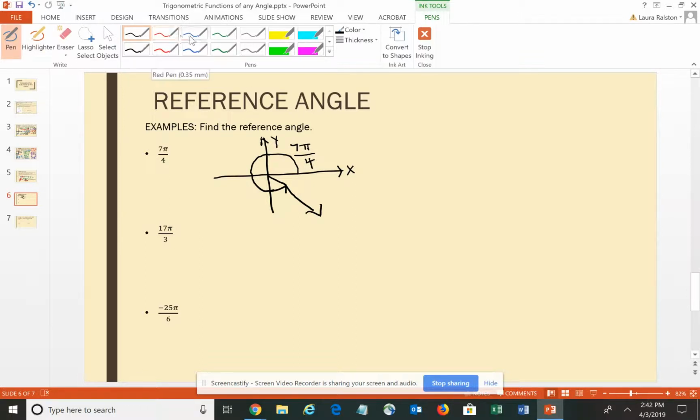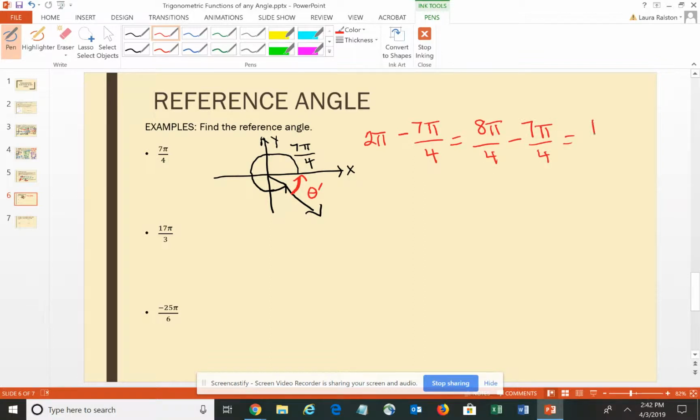I'm looking for that reference angle, and again, the reference angle goes from the terminal side to the x-axis. So my reference angle would be theta prime. I'm not quite a full revolution around. A full revolution would be 2 pi. So if I take the 2 pi and subtract 7 pi fourths, that's going to give me the reference angle. 2 pi in terms of fourths would be 8 pi fourths minus 7 pi fourths.